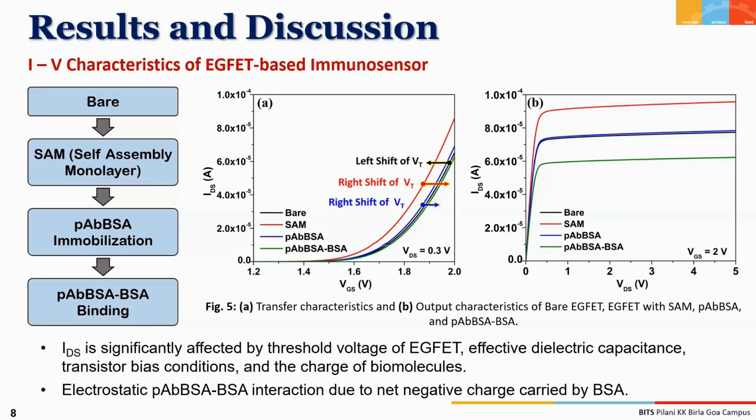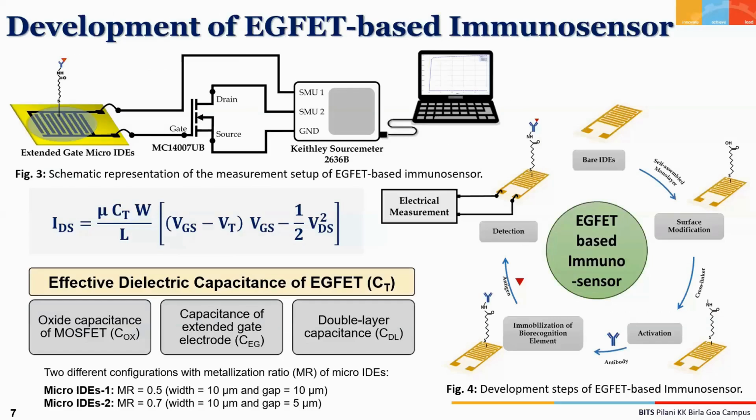So we have developed that immunosensor. If you look here, we have used a commercially purchased gold micro electrode, and on that we have done the self assembly. We are using this as a label-free biosensor.